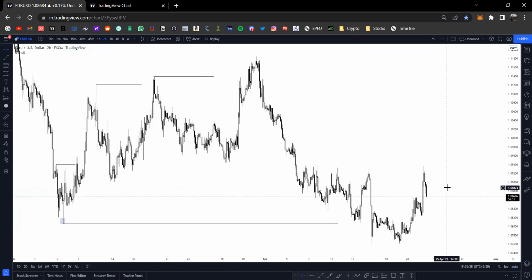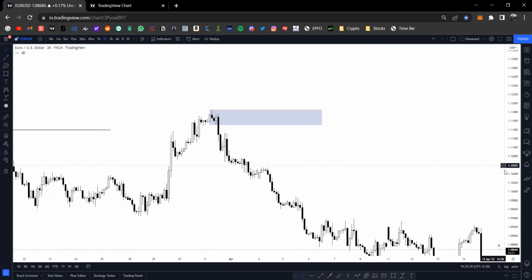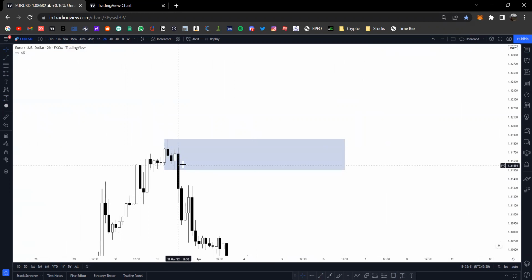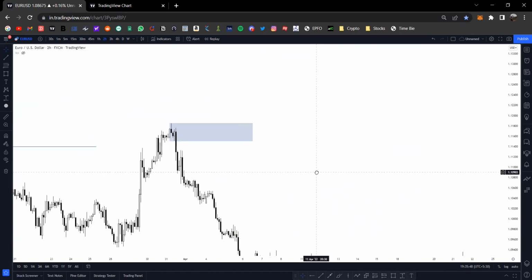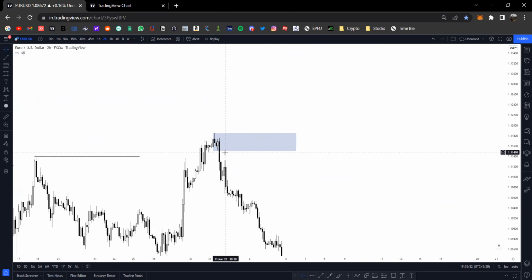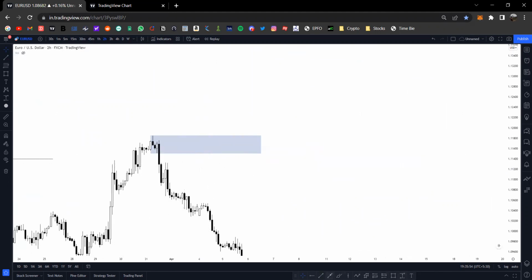At that time, what I will do is mark this last high, top wick, and the candle. This is the last candle which is responsible for this break in market structure. Inside this candle we see a large imbalance in here.